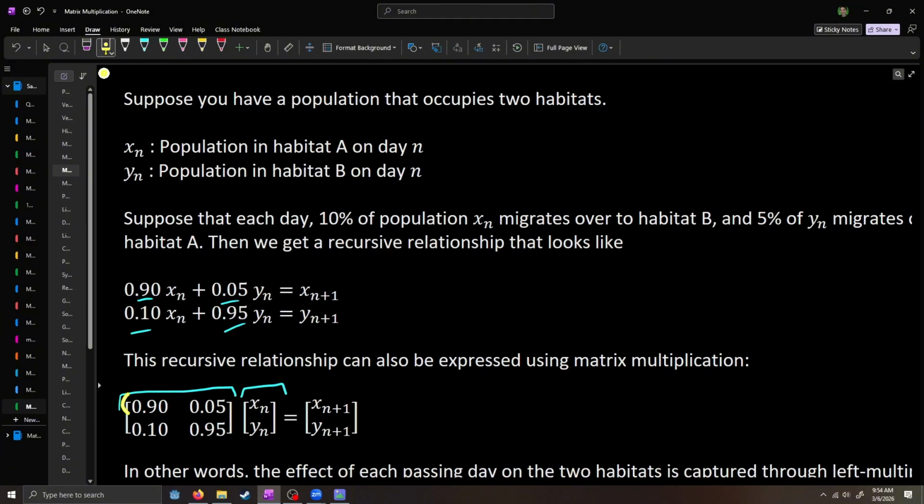So for example, this row here containing 90% and 5%, if you dot it with this column vector x sub n, y sub n, the result of that dot product is an exact match to this first expression here in this first equation, 90% of x sub n plus 5% of y sub n.